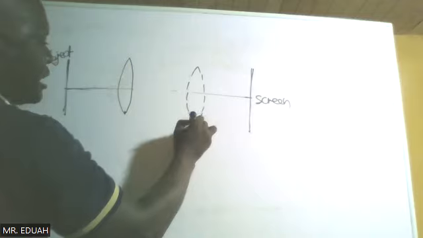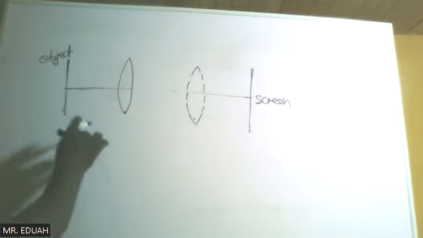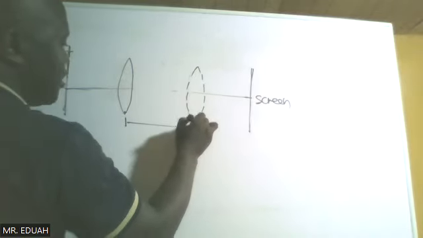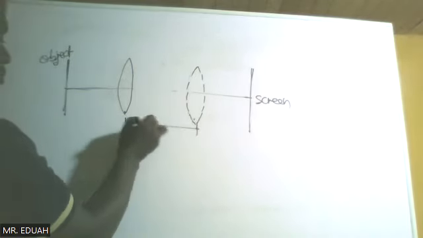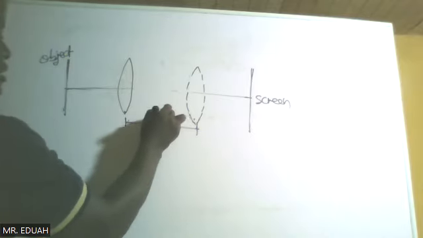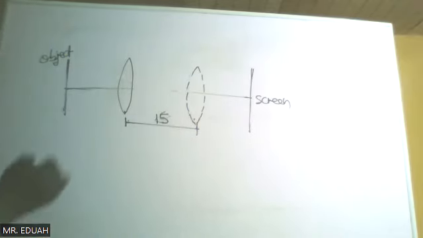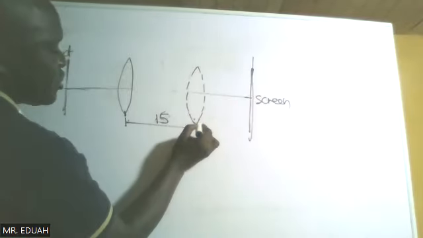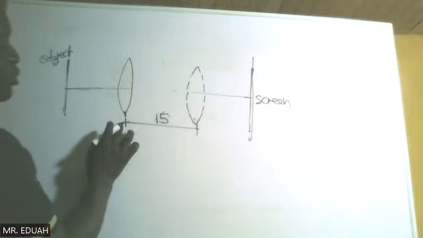So the displacement between the lenses for the formation of a clear image, small d, we are given as 15. Meaning when the lens is here, a clear image will be formed here.